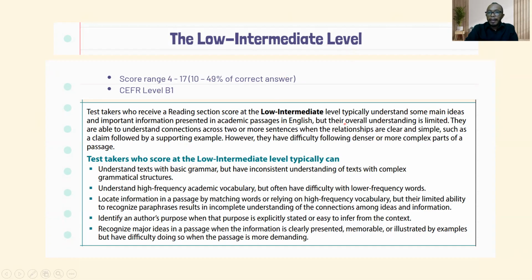Okay, and they're having a limited overall understanding. They could understand connections between two or more sentences, but only if the relationships are clear and simple. If the passage becomes denser or more complex, it will present difficulty for them.